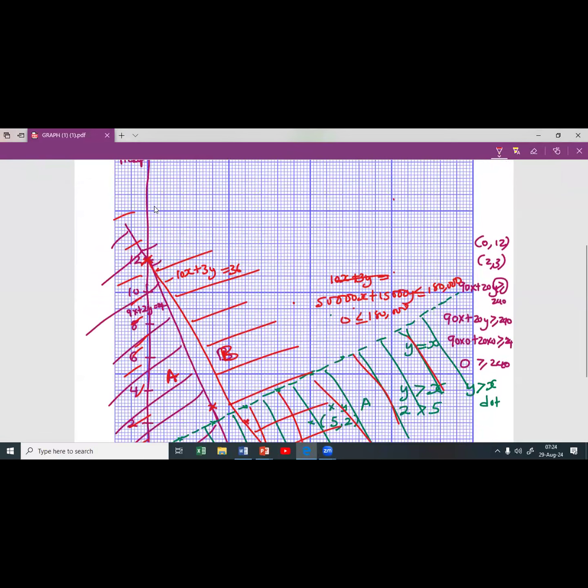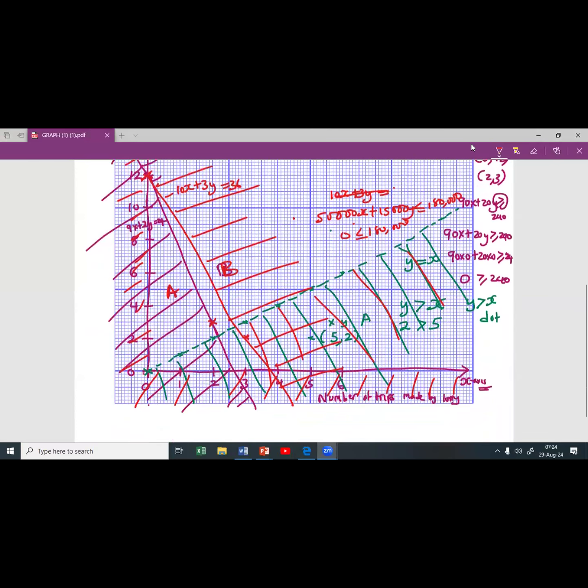Sir, can you please elaborate on how we identify that the line is dotted and the line is not dotted? Okay. When I say your mom is going to give you pocket money greater than 10,000, what do you expect as the pocket money?